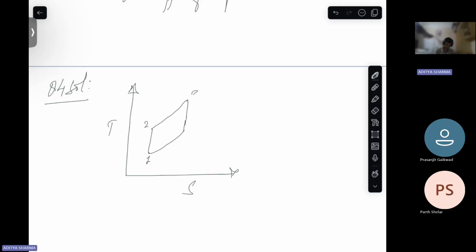Yes, 1, 2, 3, 4. 1 to 2 is your compressor. This is your combustion chamber. This is your turbine. Okay.